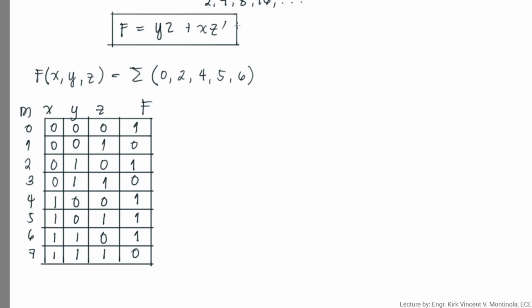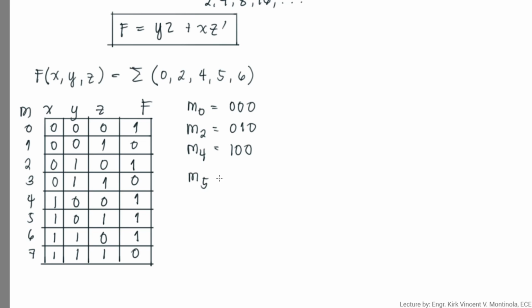So indicate what would be the input variables for M0. So M0 for a 3-bit, that is 0, 0, 0. Then M2, that is 0, 1, 0. Then we have M4, that is here, that is 1, 0, 0.